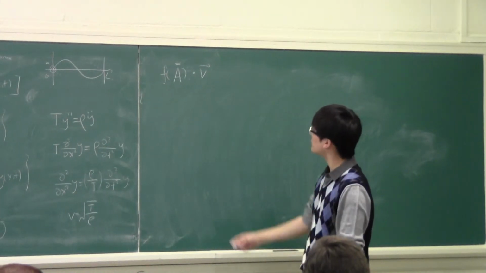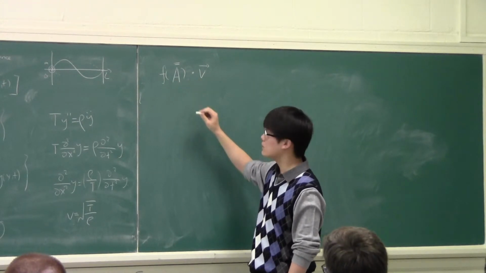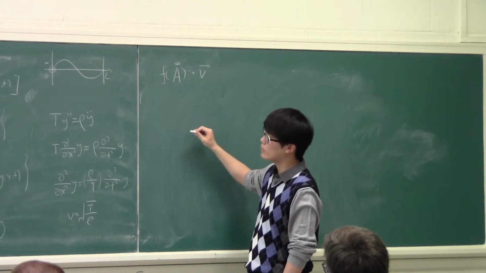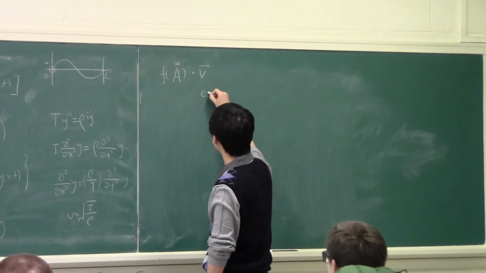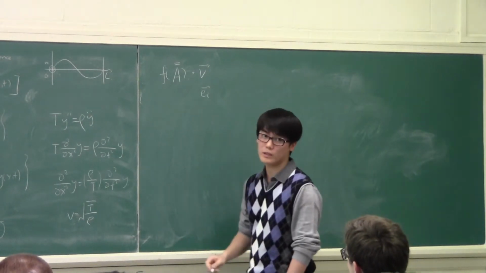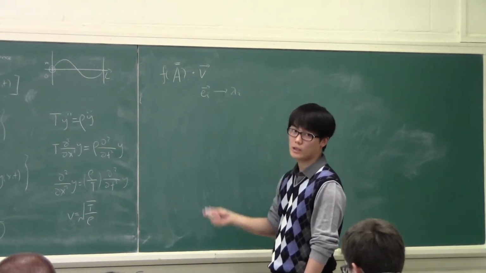Now, say this was an eigenvector of the matrix, let's call that E, the ith eigenvector of the matrix associated with the eigenvalue lambda i for that matrix.